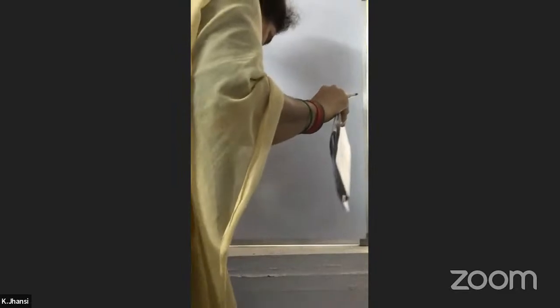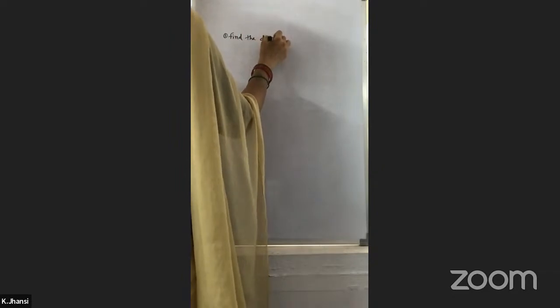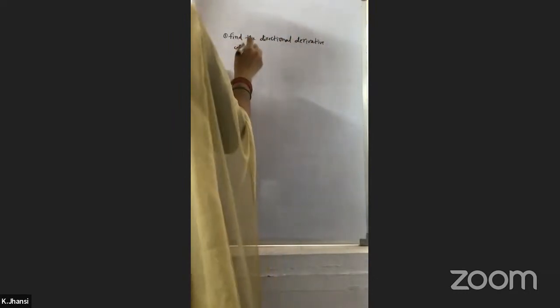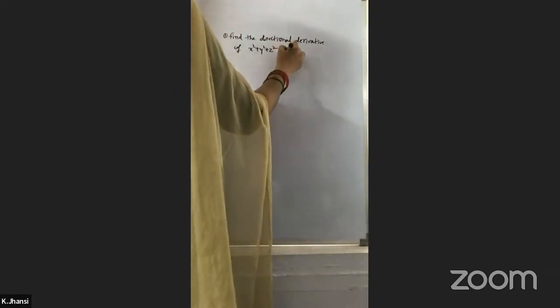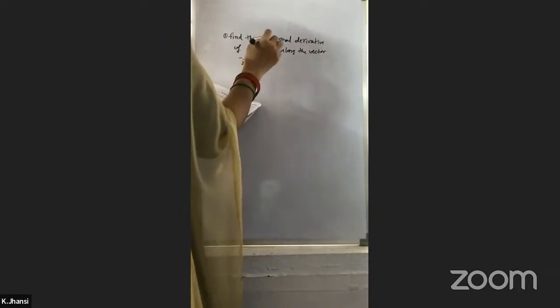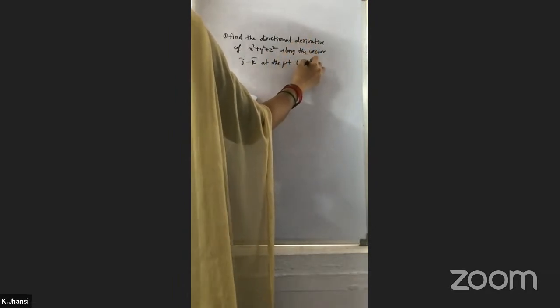Find the directional derivative of x square plus y square plus z square along the vector j minus k at the point 1 comma minus 1 comma 2.